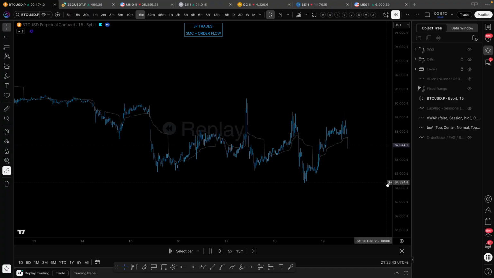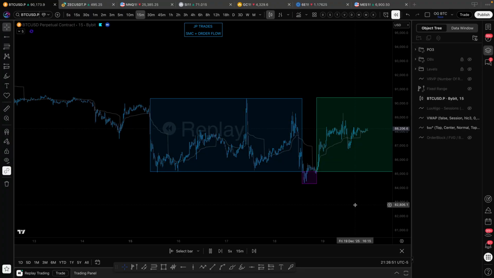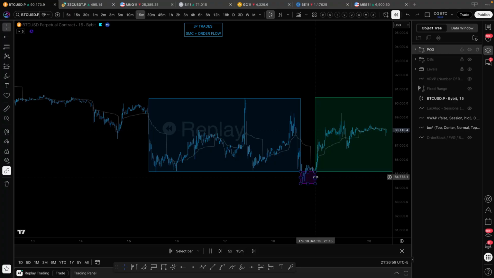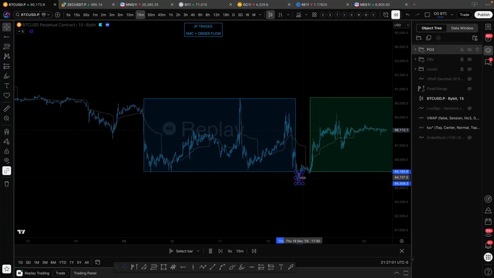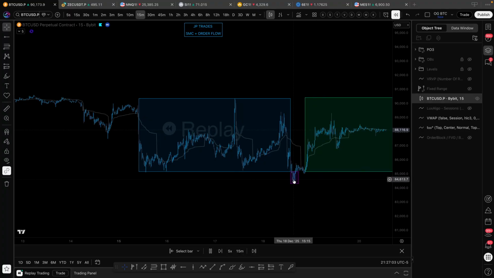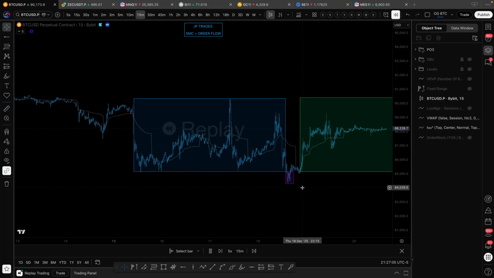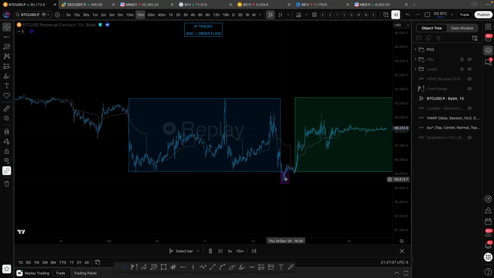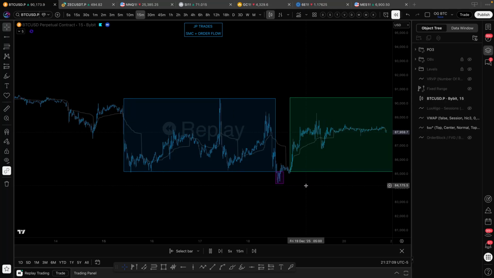Now, as you can see, that trade did play out. Took a little bit. It wasn't the most picture perfect Power of 3. I would have liked a little bit wider of a manipulation zone. However, like I was telling you here, this manipulation zone was very short because we soaked up a lot of Bitcoin in this short period of time.